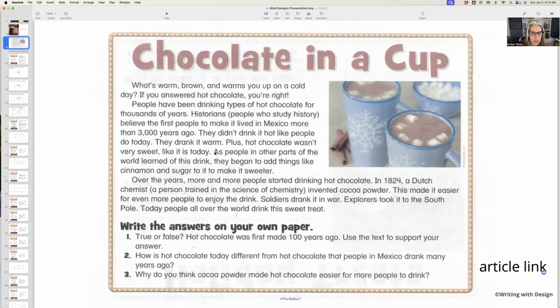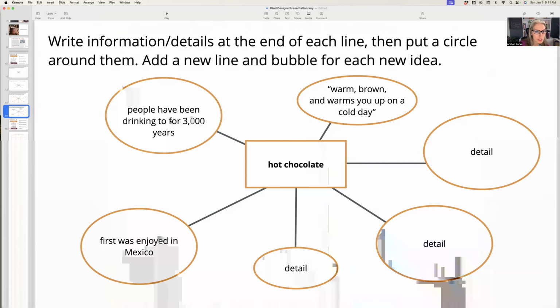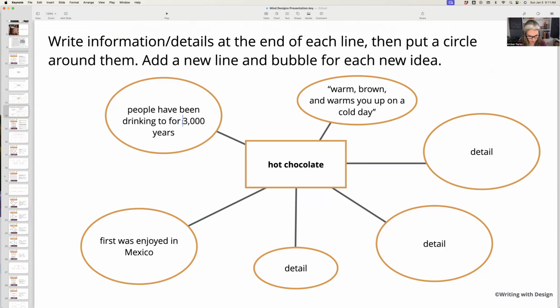I think it is interesting too, just to get a couple more key things about this, that it was more than 3,000 years ago. I need to fix that. And that it was first enjoyed warm, and then people started adding more to it. So let's go back over here for over 3,000 years. Okay. So I think another detail could be that it was first enjoyed warm by Mexicans.